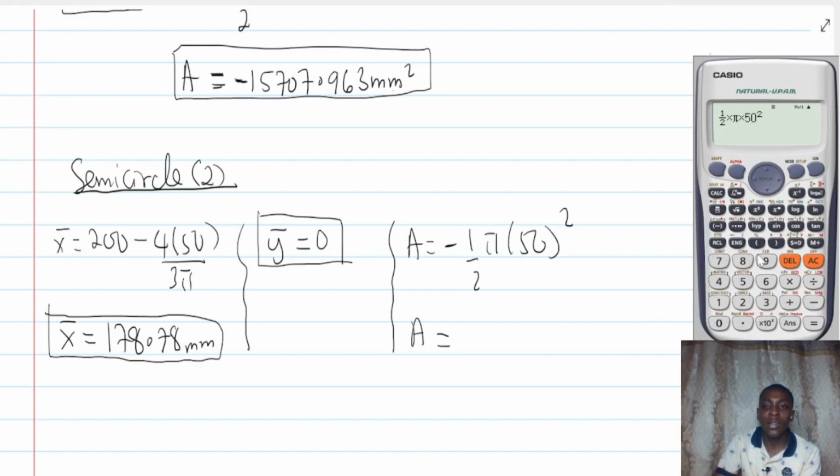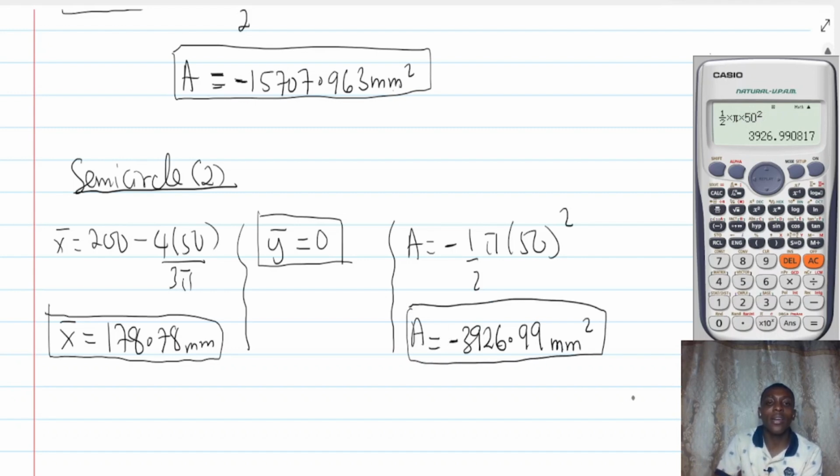So what is that? 3926.99 millimeter squared. So that is the area. Then, that is what I have right here.